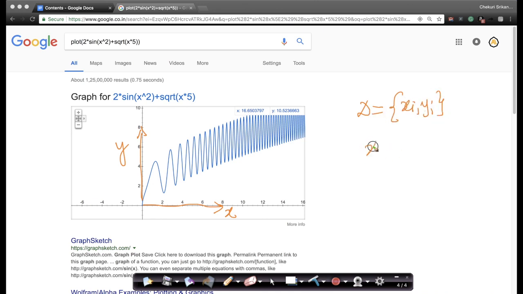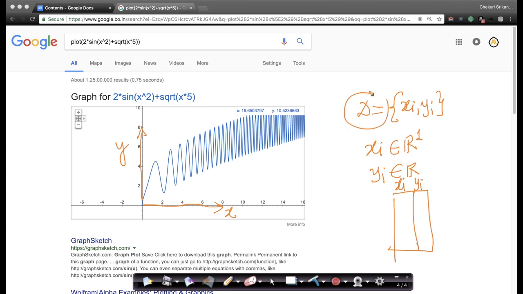Let's assume xi is just one-dimensional data, R power 1, and yi is simply R. If you look at it tabularly, you have your xi's and yi's like this. I just did a simple scatter plot, or a line plot, of xi's and yi's from my data set, and it looks like this.